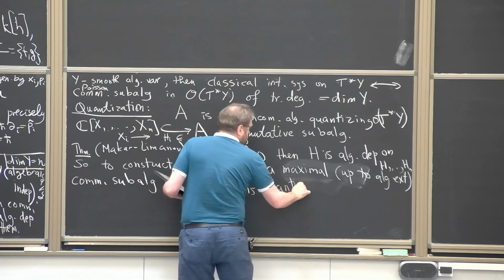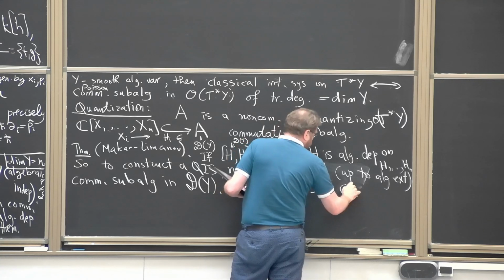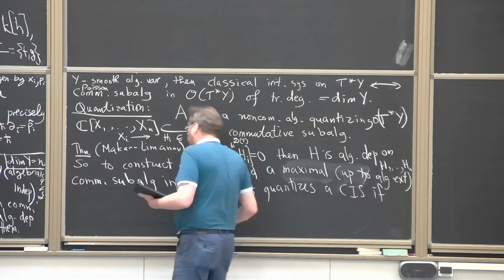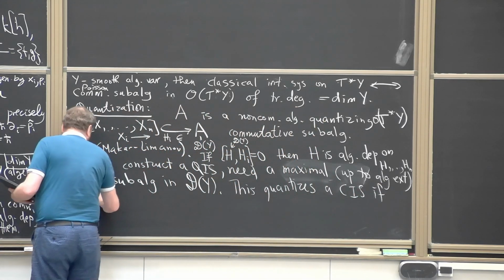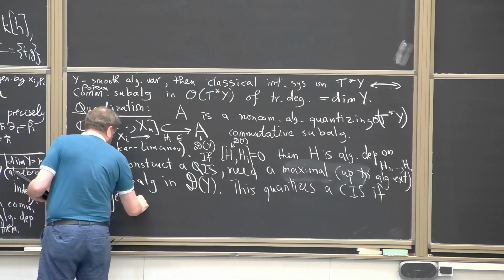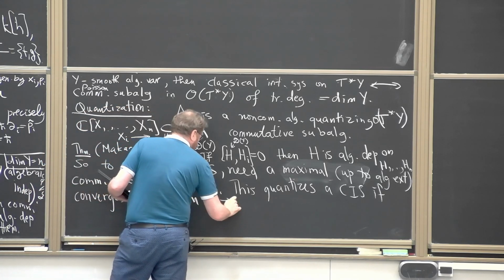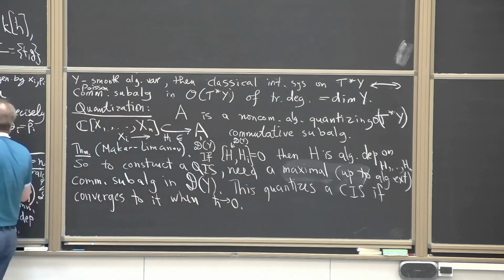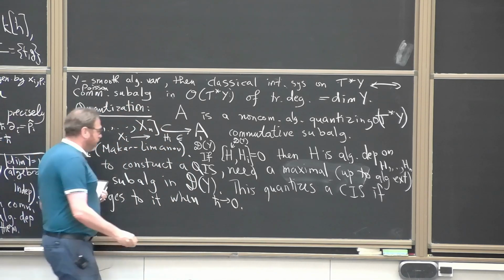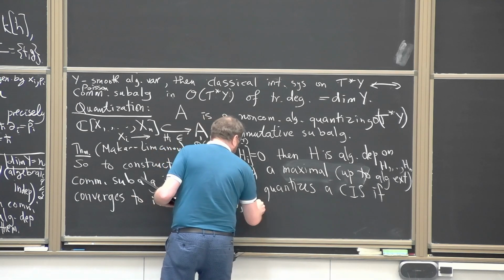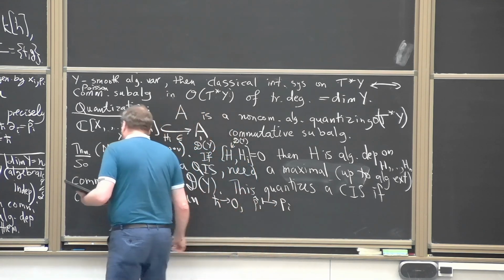This quantizes a classical integrable system if it converges to it when h bar goes to 0. But when h bar goes to 0, this means that we should replace this pi hat, not by 0, but by the commutative momenta pi.